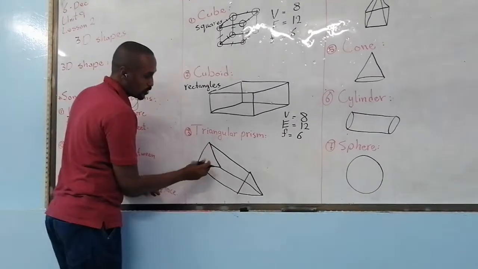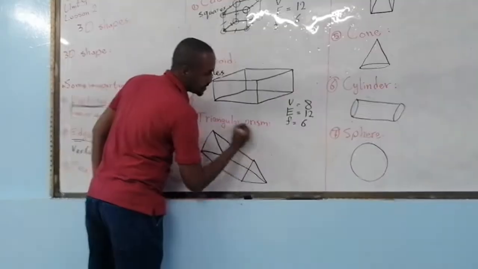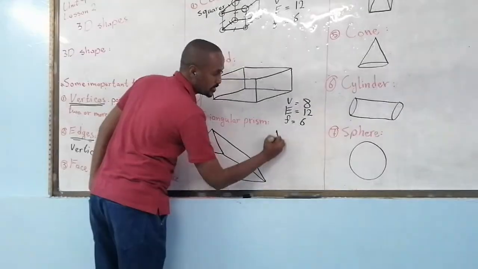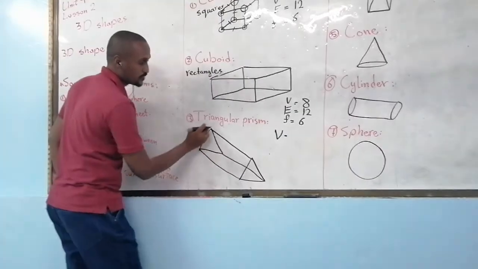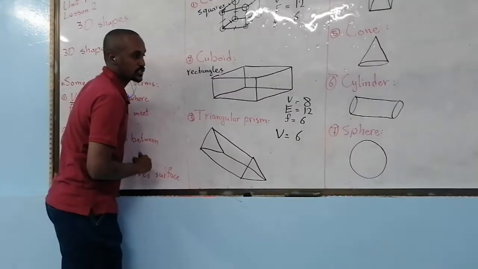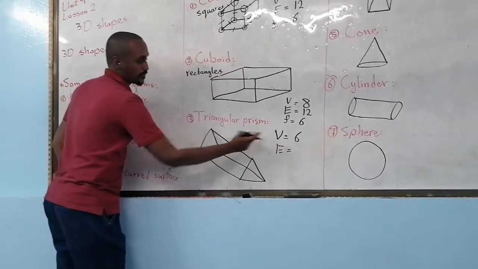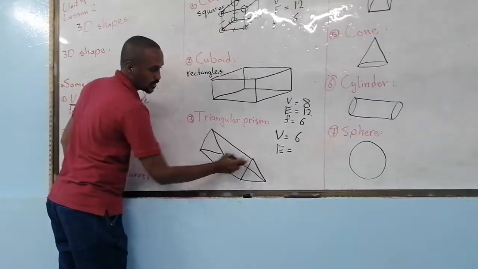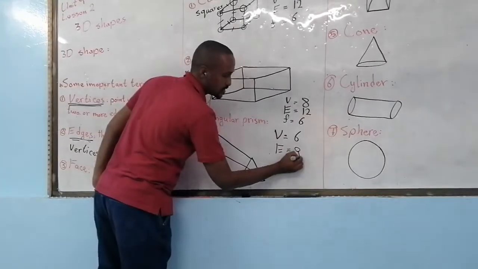The third one will be triangles. When you look at this, there are 2 triangles and then we have the other faces. So the triangular prism, how many vertices when you count it? 1, 2, 3, 4, 5, 6. It has 6 vertices. How many edges? Count the lines. 1, 2, 3, 4, 5, 6, 7, 8, 9. 9 edges.